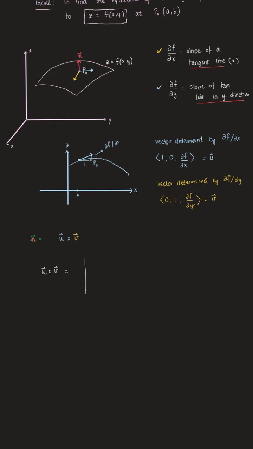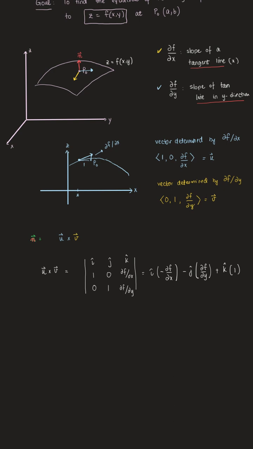I'm just going to create our order 3 determinant, put in our two vectors, 1, 0, df dx, and 0, 1, df dy, and that's going to give us i times negative df dx, minus j times df dy, plus k times 1.